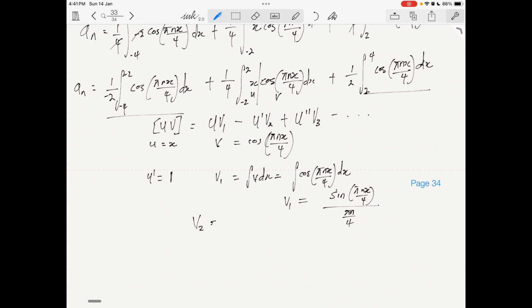Our v2 will be the integral of v1 dx, and integrating v1 dx, we have the integral of sin(πnx/4) over πn/4 dx, and this will give us -cos(πnx/4) divided by (πn/4) squared.